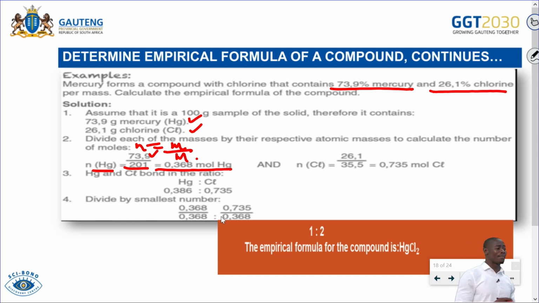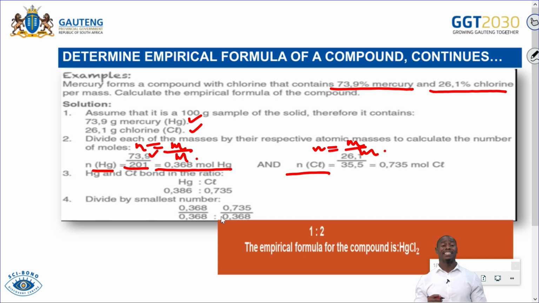Then let's calculate the number of moles of chlorine, and mass over molar mass, okay? So these are number of moles, mass over what? Over molar mass. So what is the mass of chlorine? That percentage, 26.1, and then the molar mass of chlorine, or the relative atomic mass of chlorine from the periodic table as it is, 35.5. We can say 35.5 because we know chlorine is a diatomic molecule.